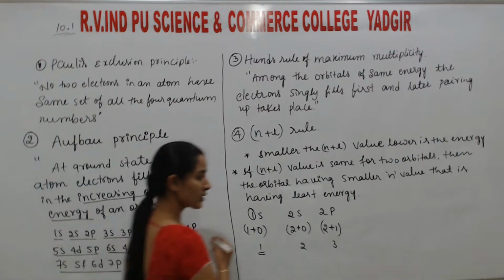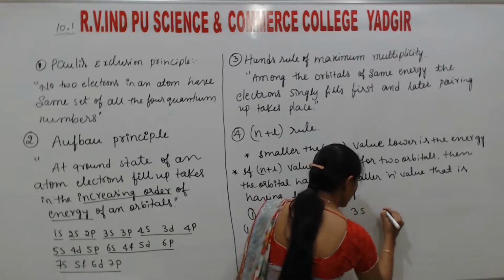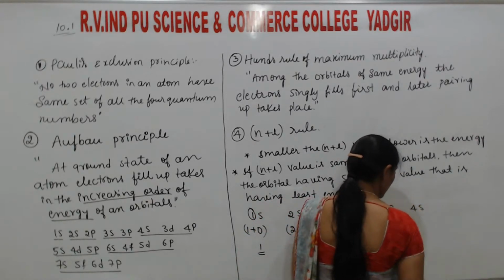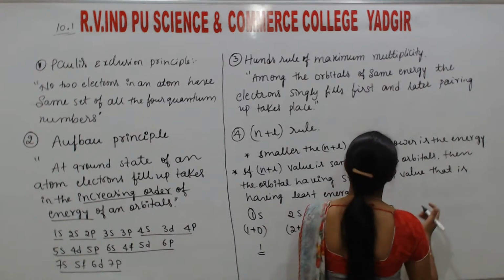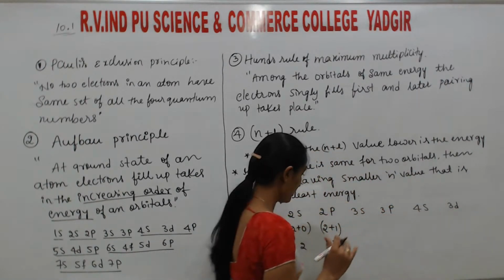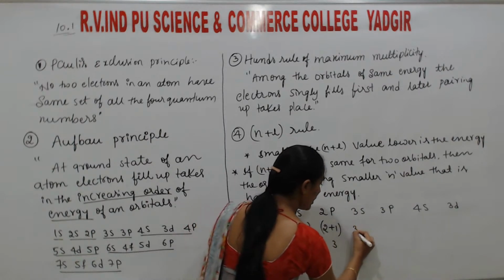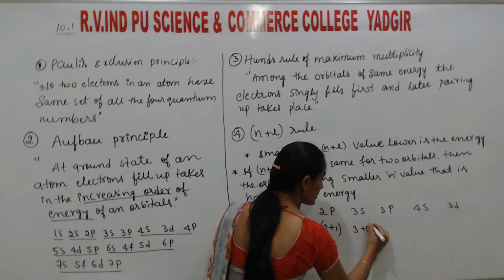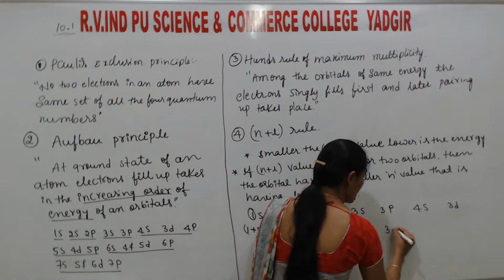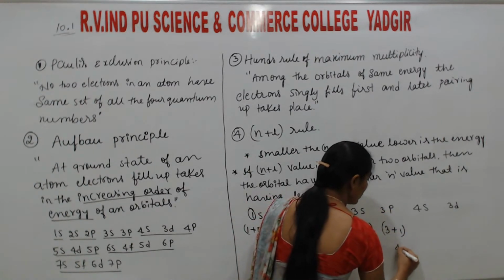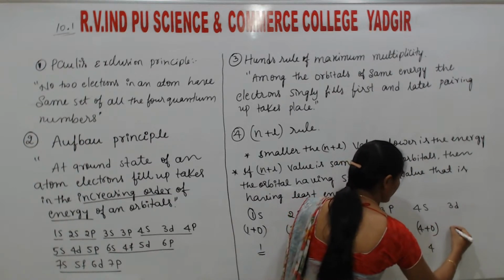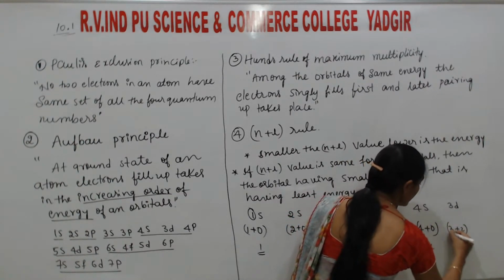Next I write 3s, 3p, then 4s, and 3d. Remember this: for 3s, the n value is 3 and l is 0, so that is 3. For 3p, n is 3 and l is 1, that is 4. For 4s, n is 4 and l is 0, that is 4. For 3d, n is 3 and l is 2, that is 5.